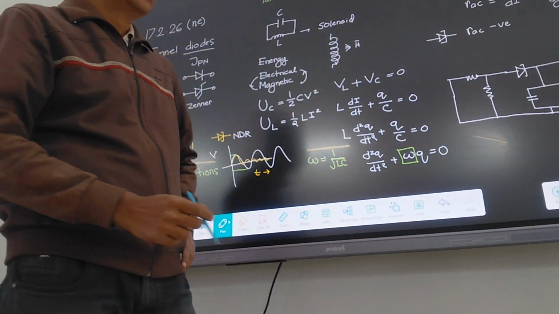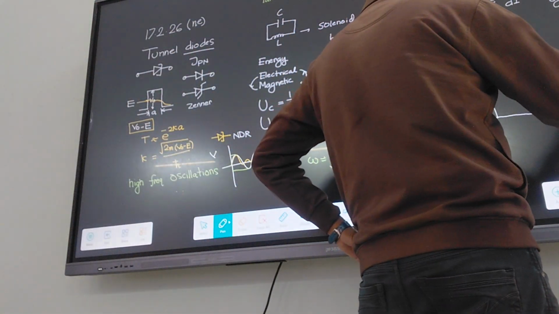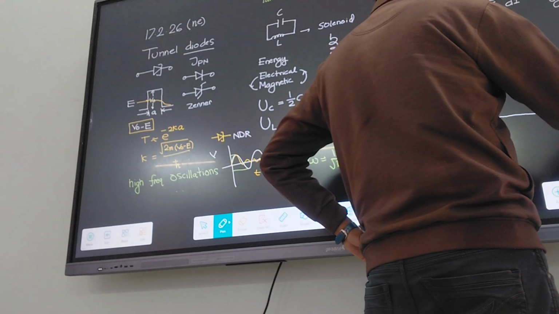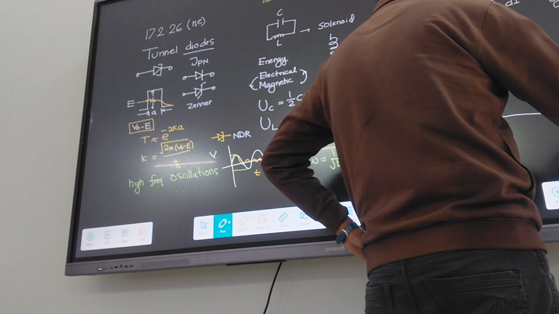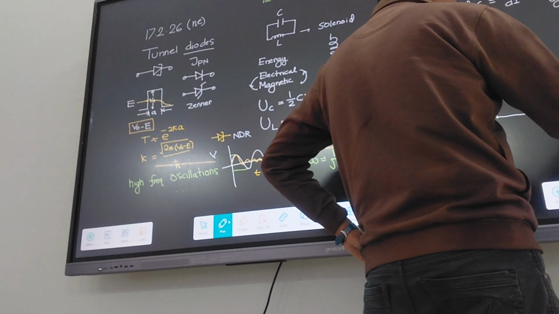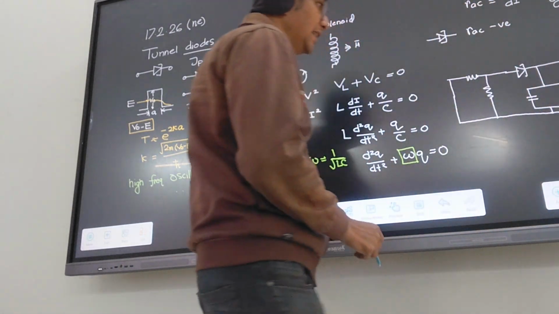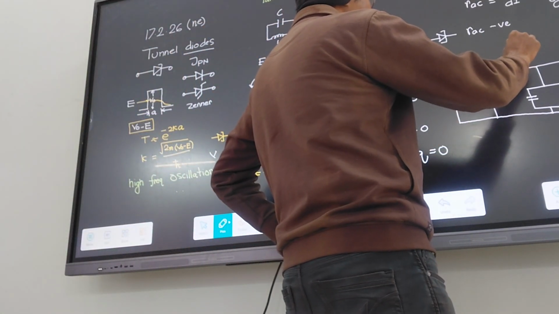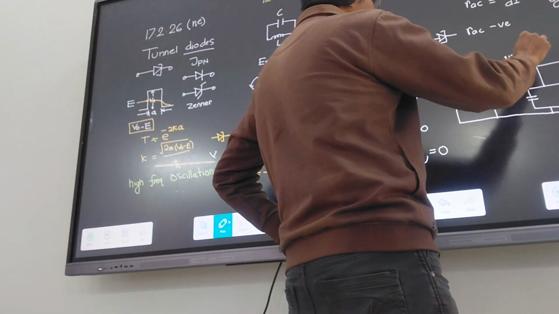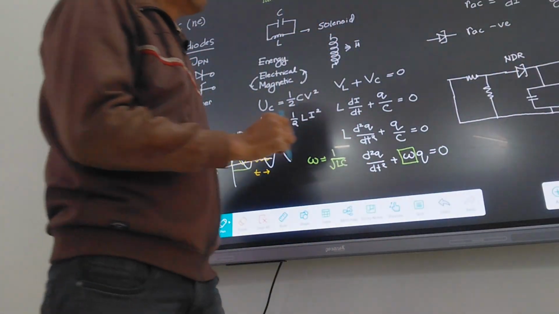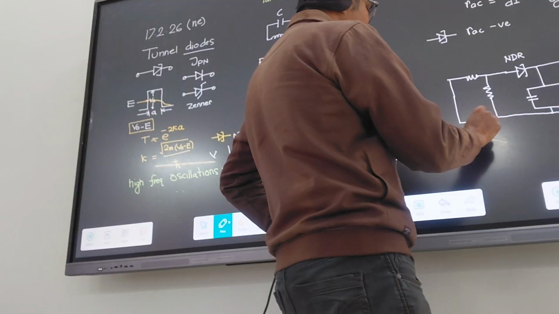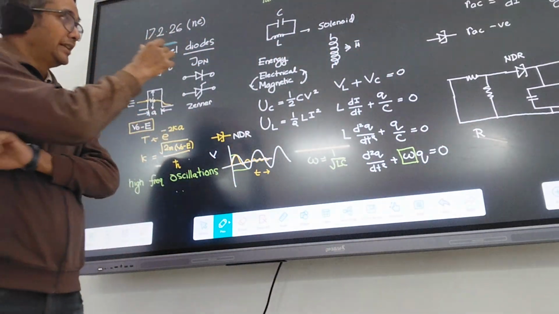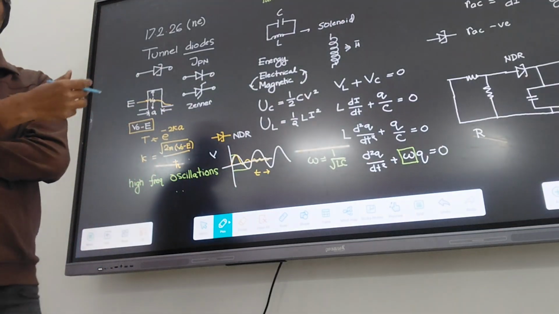ठीक है. तो this is how we are obtaining the AC output. ये हमको increases the AC output, and due to the NDR associated with this tunnel diode, ये जो रेजिस्टेंस है, resistance, normally the capacitance and the inductance, they provide oscillation.